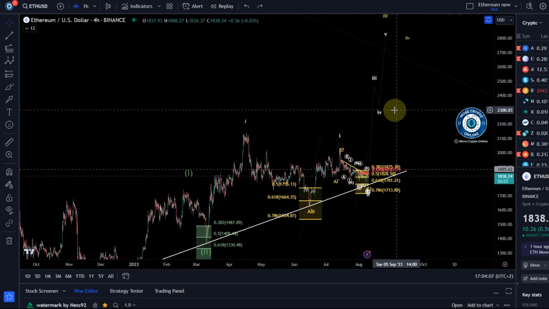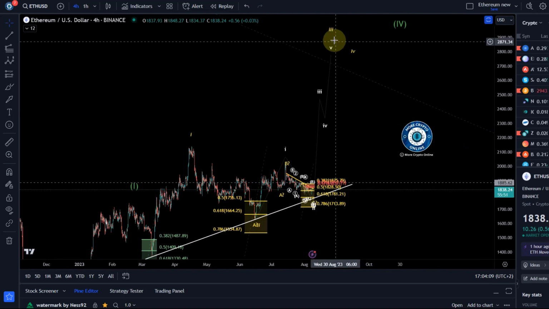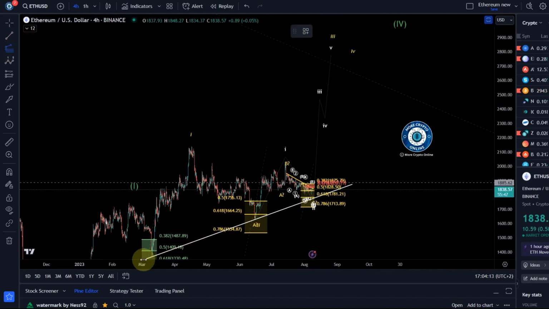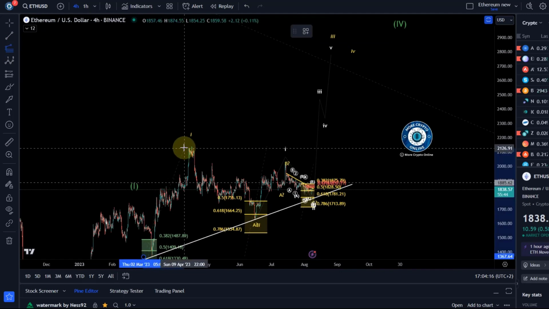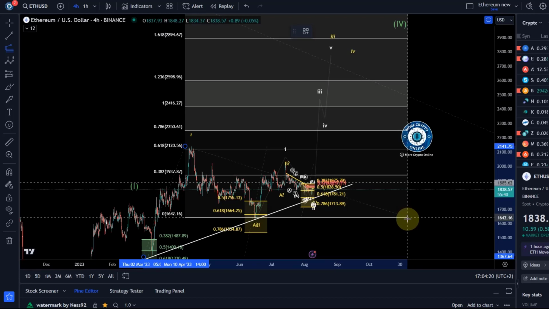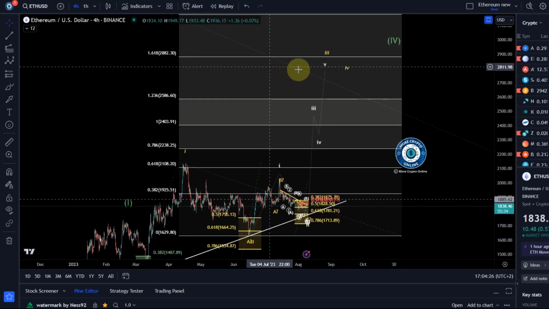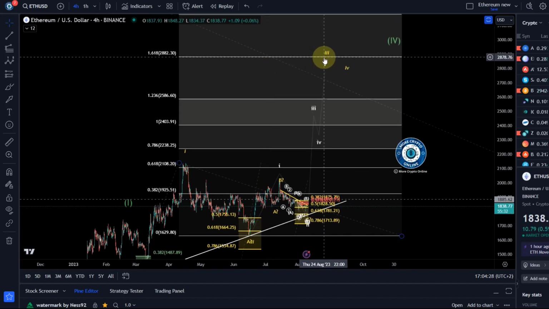to $2,500 plus. Target-wise for the third wave there in yellow, I would take the length of the wave 1, the one that peaked in April. We go to the low of the wave 2, and the target for the third wave would be the 1.618 extension as a minimum, around $2,900 US.